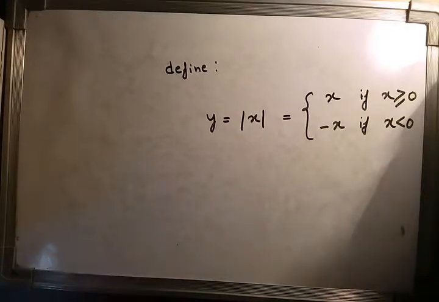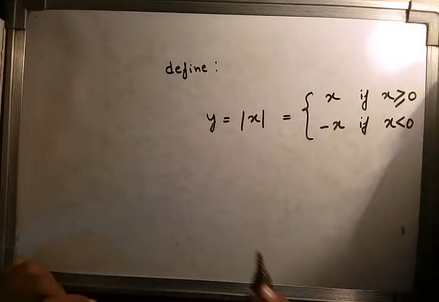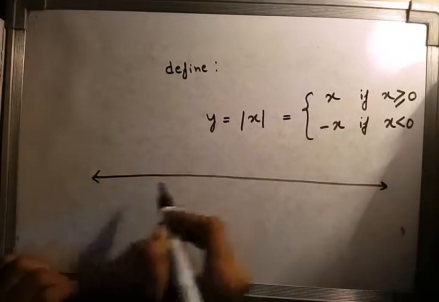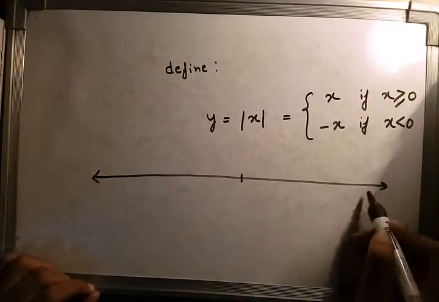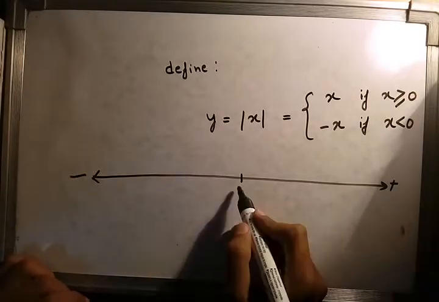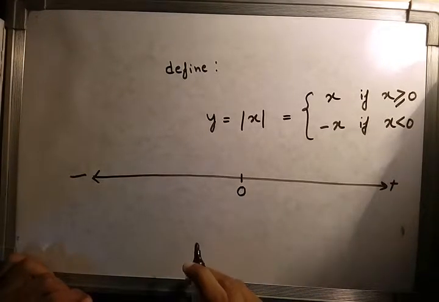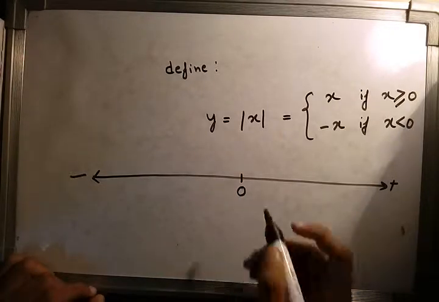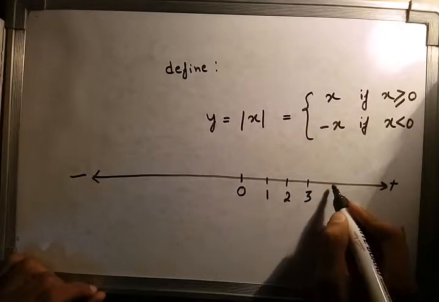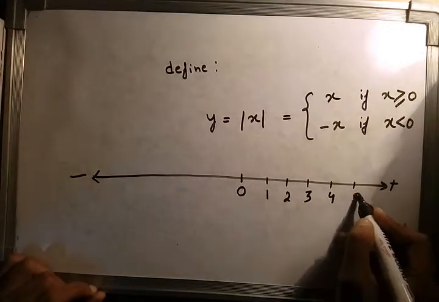It is basically taking the absolute value, meaning the distance of a number from the 0 position. So let me illustrate. Suppose this is a number line where these are positive axes and these are negative axes, and this is 0, from where we are going to calculate the distance of numbers. This is 1, 2, 3, 4, 5.